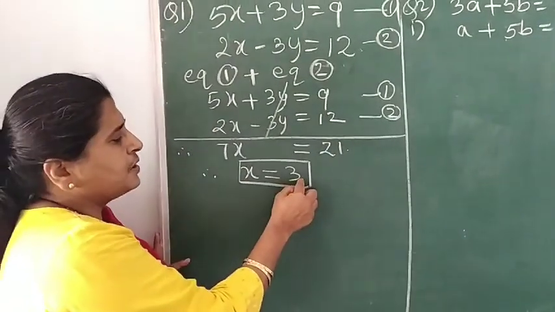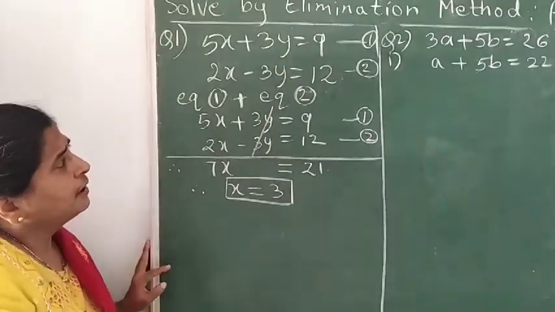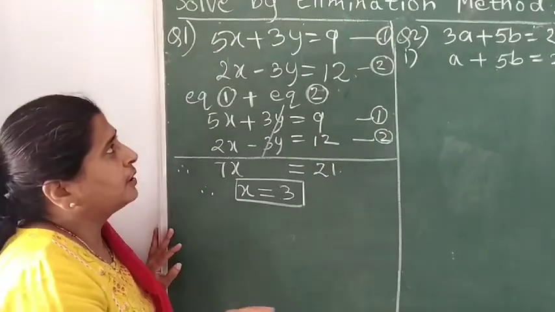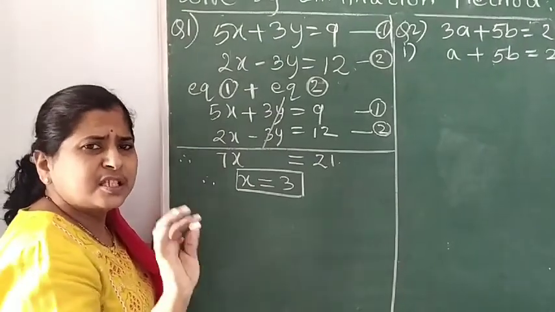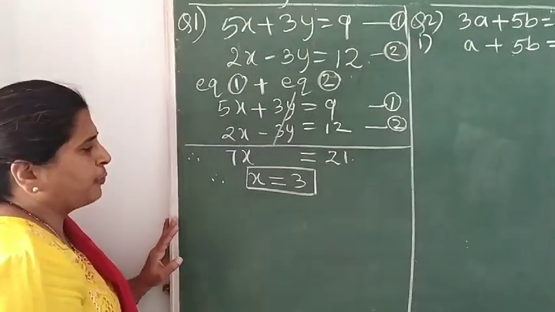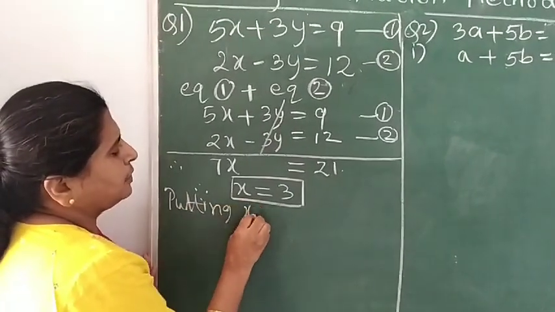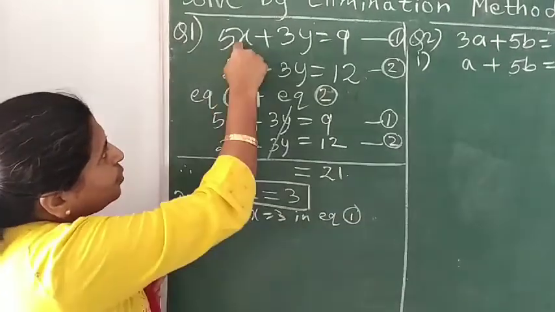So we have found the value of one of the variables, x. Now let's substitute this value in one of the given equations. The given equation can be any one, but I will tell you to prefer the equation where you have positive, plus only, no minus, just for making it easier for you. So we can say putting x is equal to 3 in equation 1. Okay, so what is this equation 1?